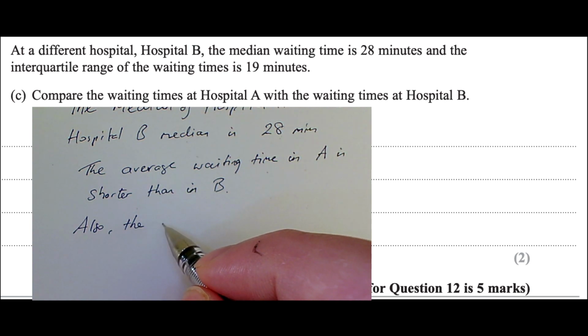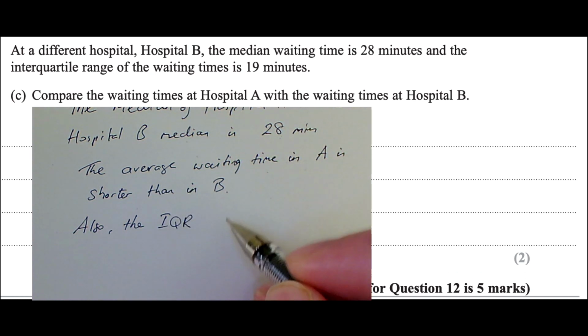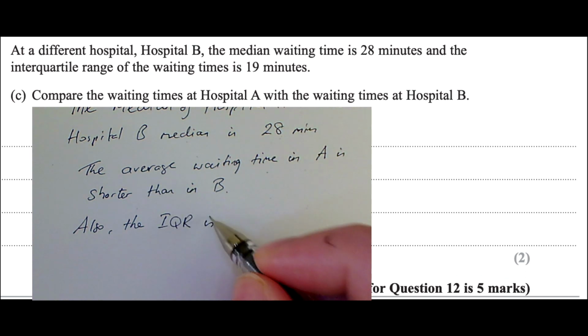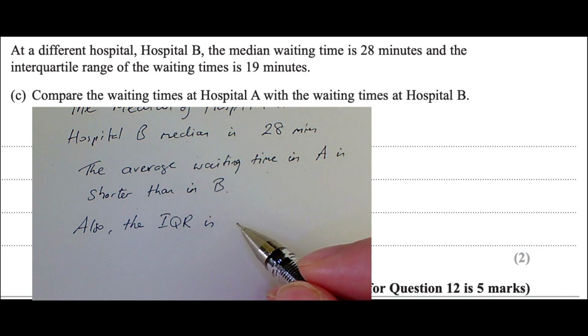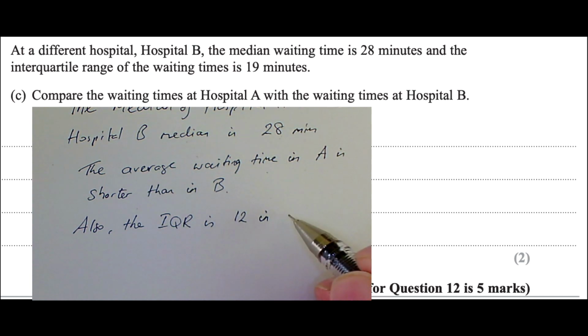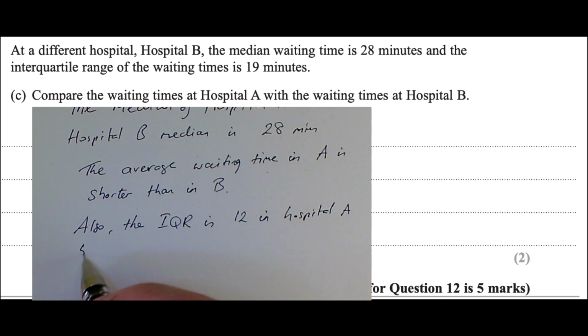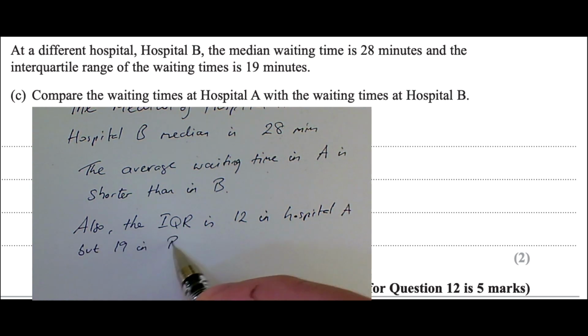The interquartile range in Hospital A, and that was 12 minutes, I think, means that 50% of the customers in the hospital were waiting between the 15th and 45th person, a 12-minute gap.